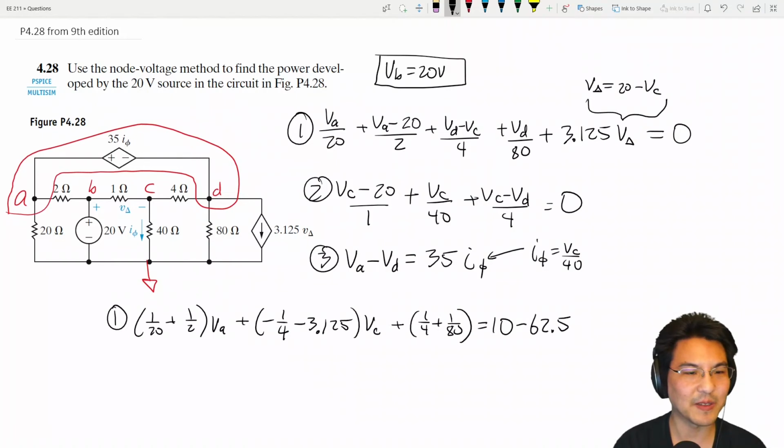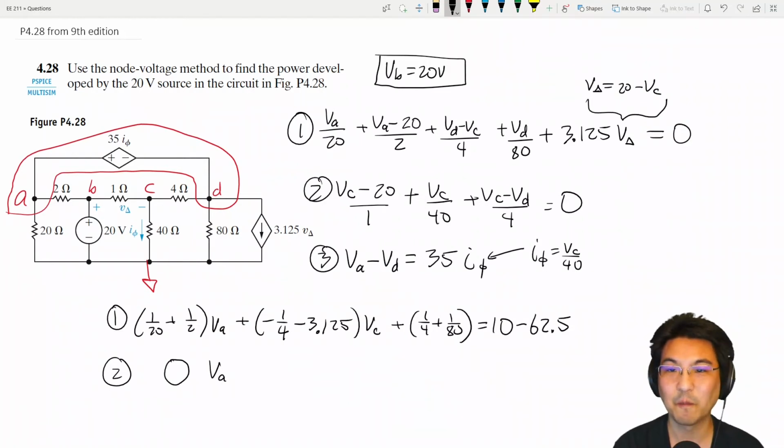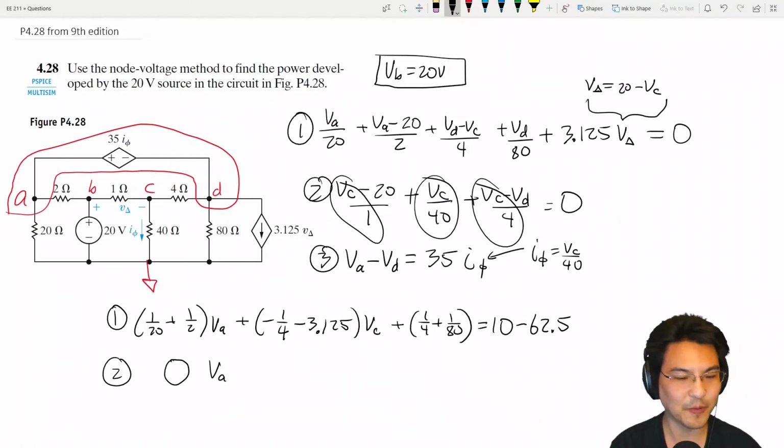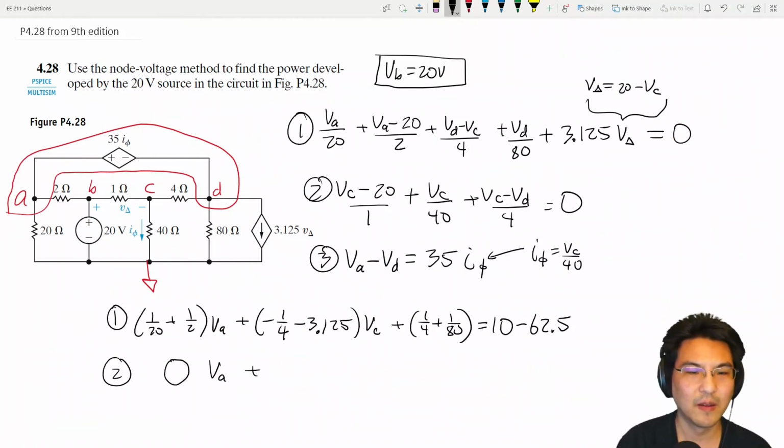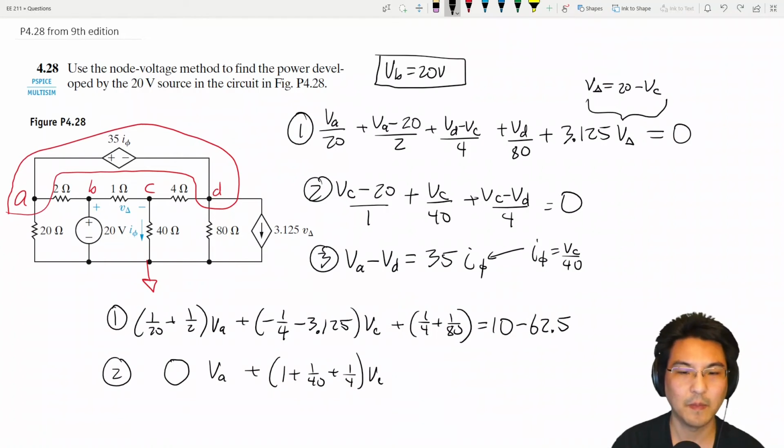Okay, next equation, equation 2. VA, none. I'm just going to write 0 VA as a placeholder. VC, 1 over 40, 1 over 4. VD, let's see here, minus 1/4.